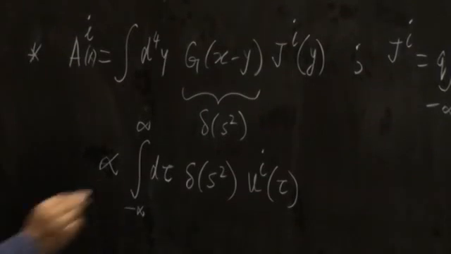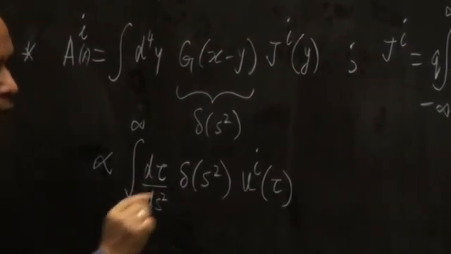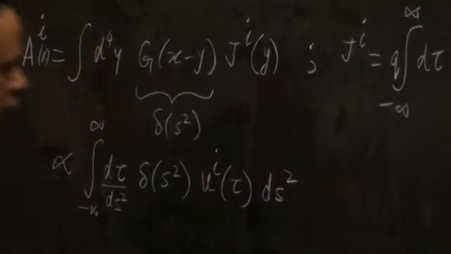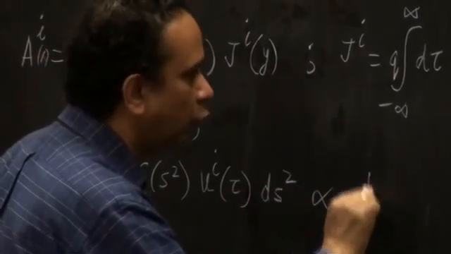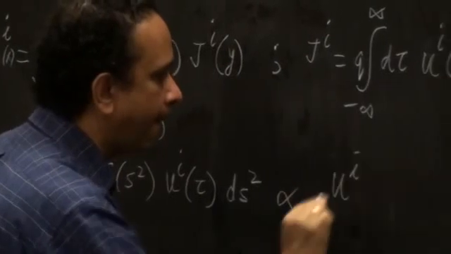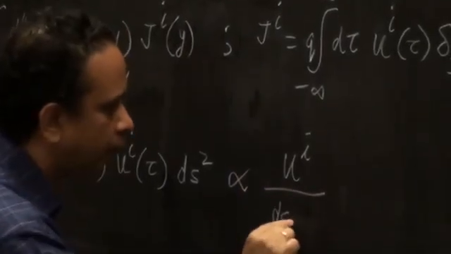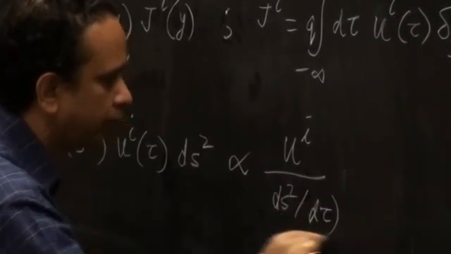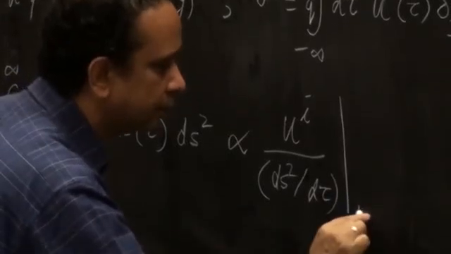Okay. This you can write as d delta by d s square into d of s square. So the Dirac delta function integration can be immediately carried out, and you will find that this is equal to u_i, and this can be written as ds square by d tau, whole thing evaluated at the retarded time.